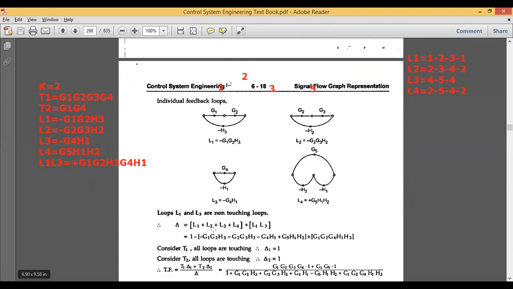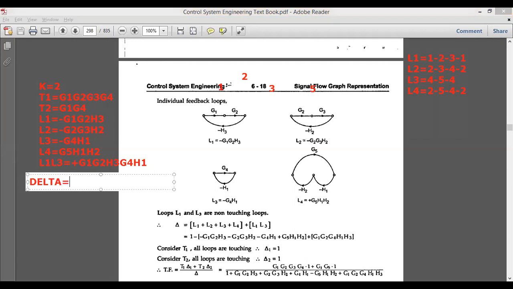The formula is delta equals 1 minus, and you always start from 1 minus.